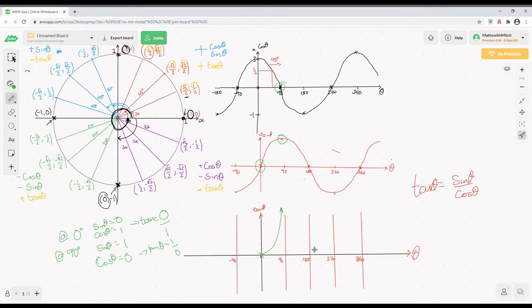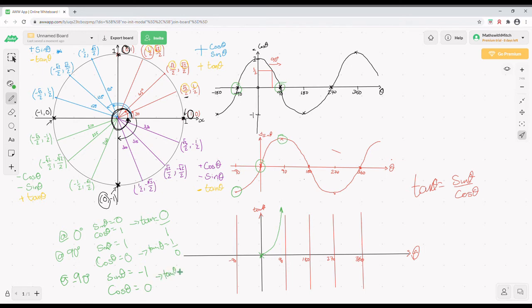So next, rather than jumping ahead to 180 degrees, we're going to look at what happens at negative 90. So negative 90 degrees, we have sine theta equals minus 1, and cos theta equals 0 again.